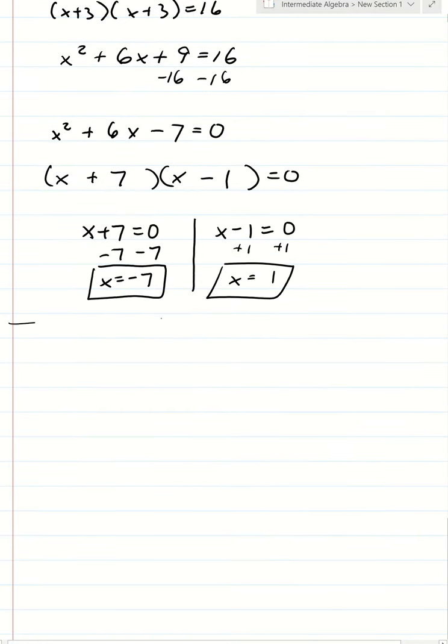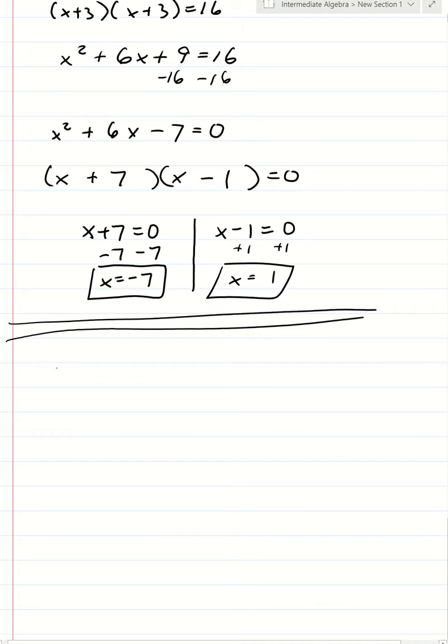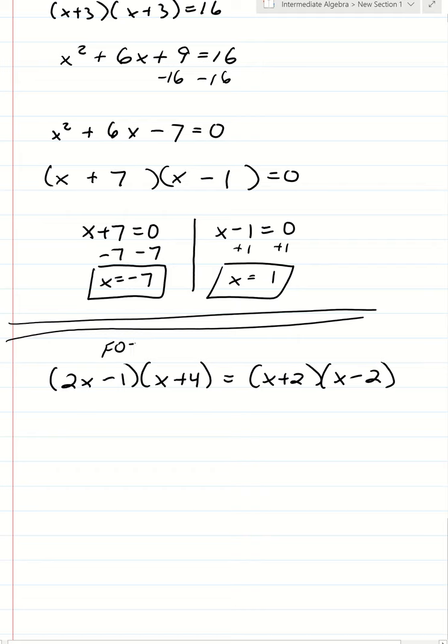Let's try one more. Let's say we had 2x minus 1 times x plus 4 equals x plus 2 times x minus 2. Now we have a lot of work ahead of us here. On the left side as well as on the right side, we're going to have to FOIL multiply first.